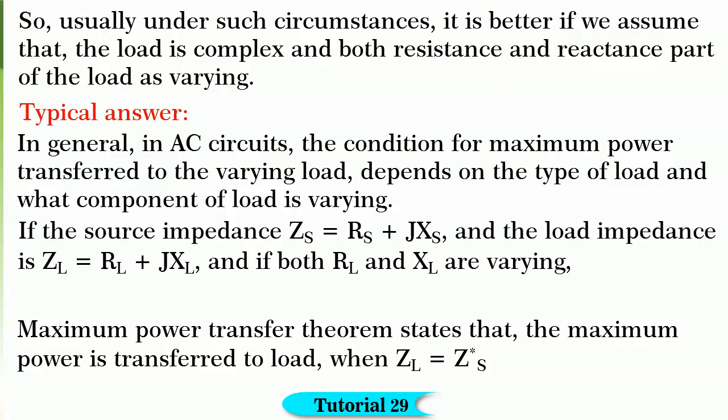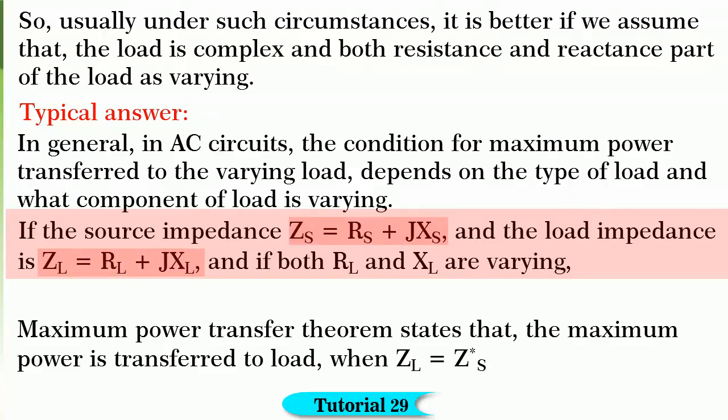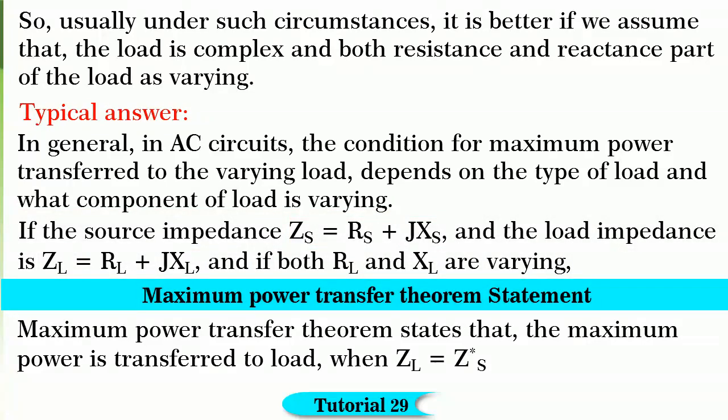Therefore, the typical answer could be: in general, in AC circuits, the condition for maximum power transferred to the varying load depends on the type of load and what component of load is varying. Hence, if Zs equal to Rs plus jXs and the load impedance ZL equal to RL plus jXL, and if both RL and XL are varying, the maximum power transfer theorem states that the maximum power is transferred to the load when ZL equals Zs conjugate.